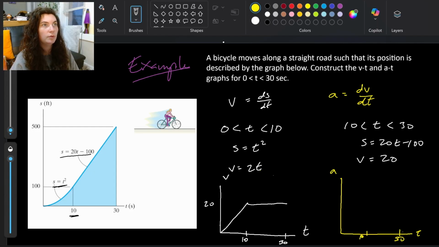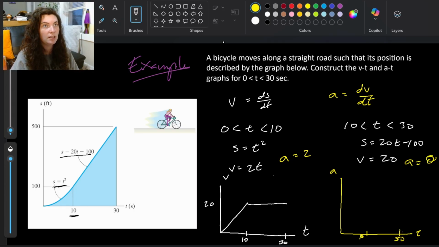We can take the derivative of our velocity functions now. The derivative of 2t gives us an acceleration from 0 to 10 that is just 2. For our second half, from 10 to 30 seconds, the derivative of the constant velocity 20 is just 0.